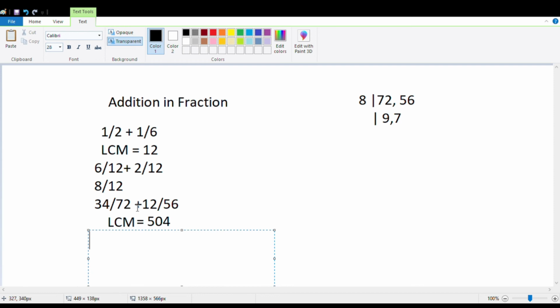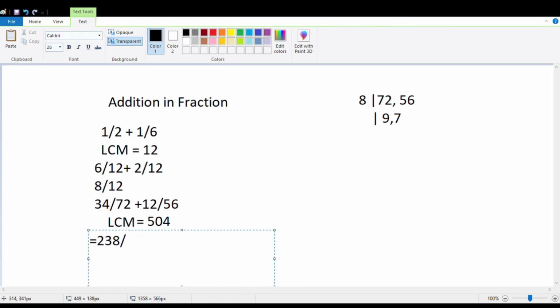So it becomes 7 into 34, right? So it'll become 238.